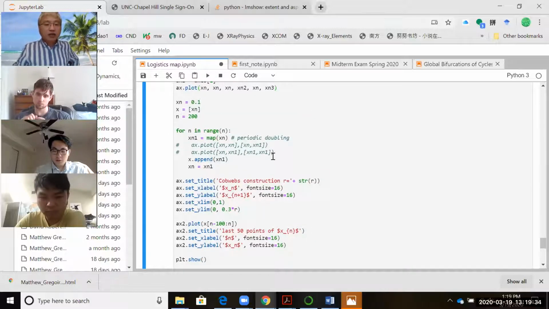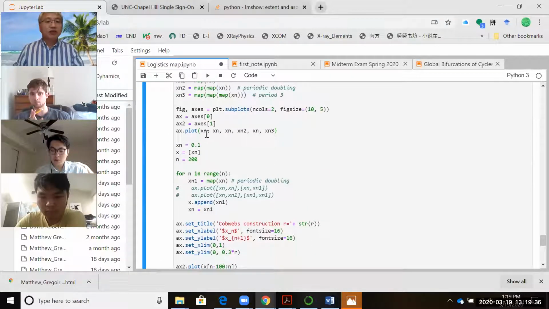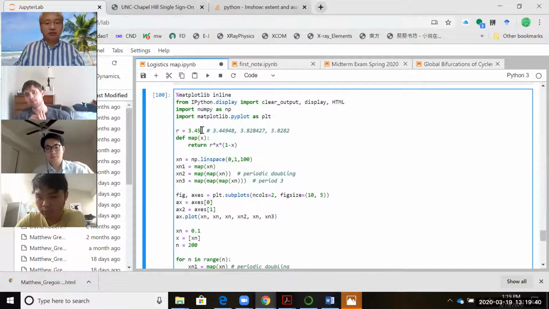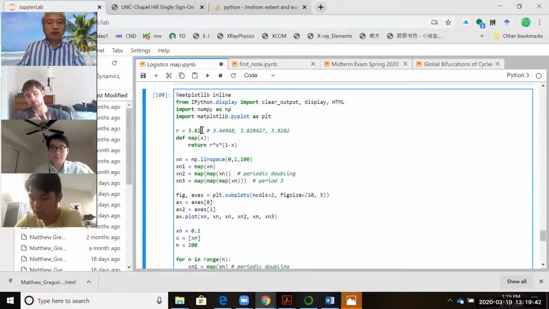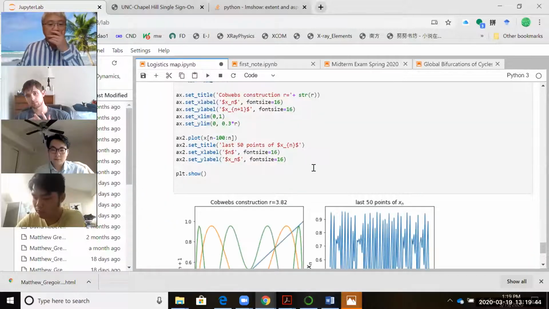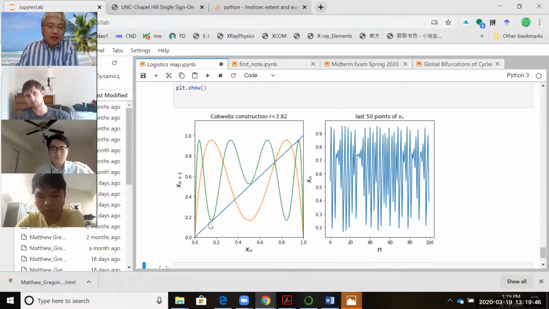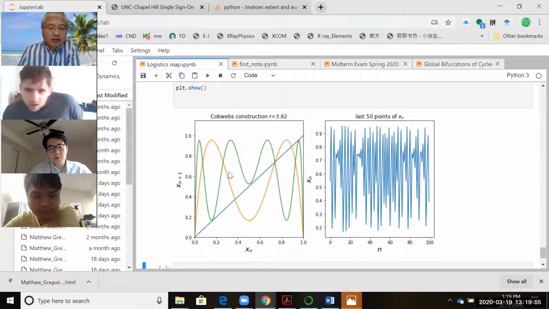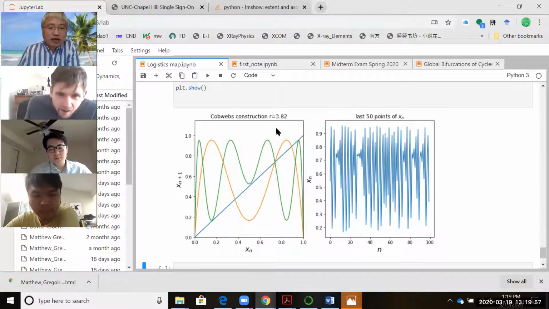Now, as I increase the R value to, I believe, around 3.82, you can see this green map, basically this quadratic minimum, keeps coming down as I increase R, and close to 3.82 it starts touching the diagonal curve.